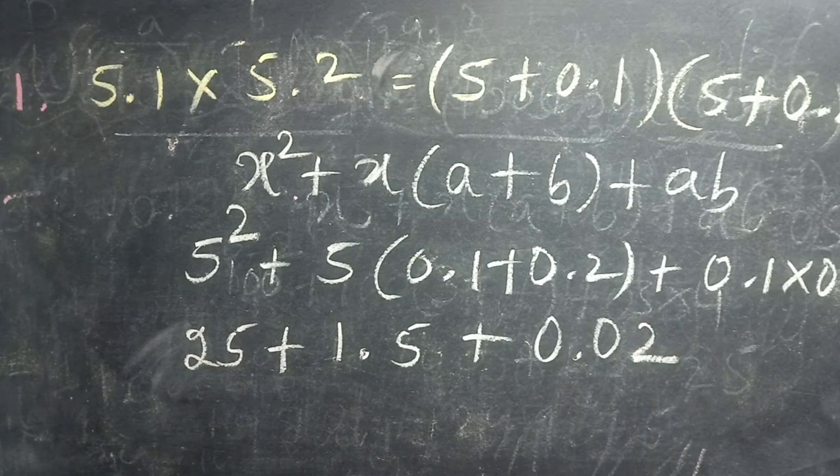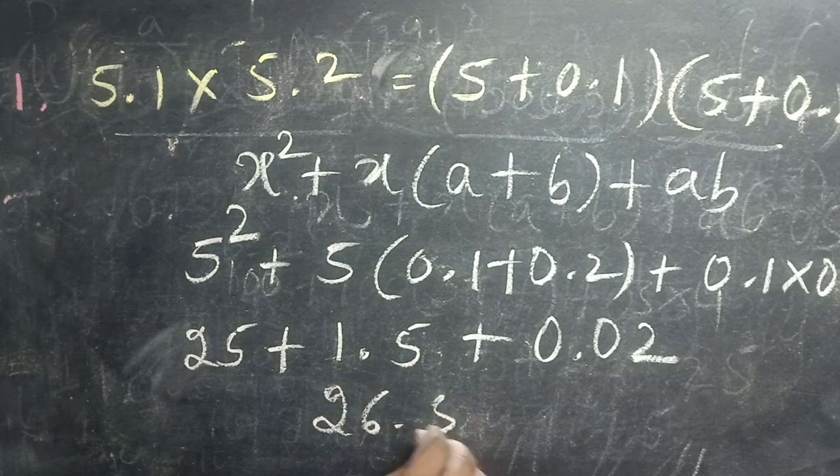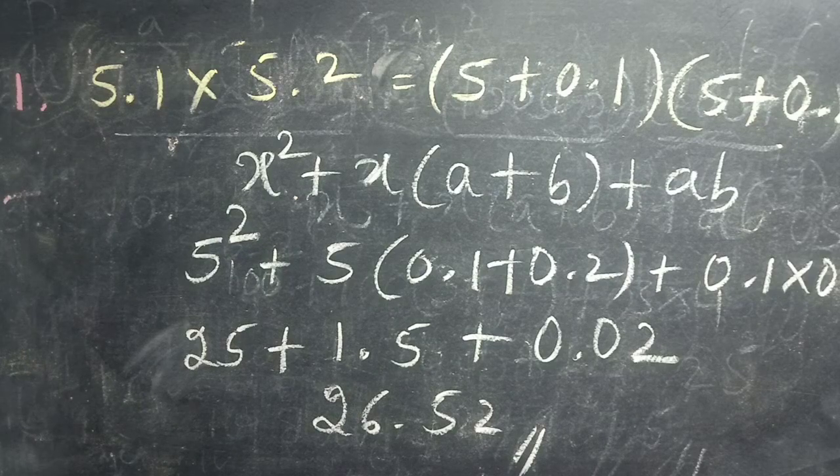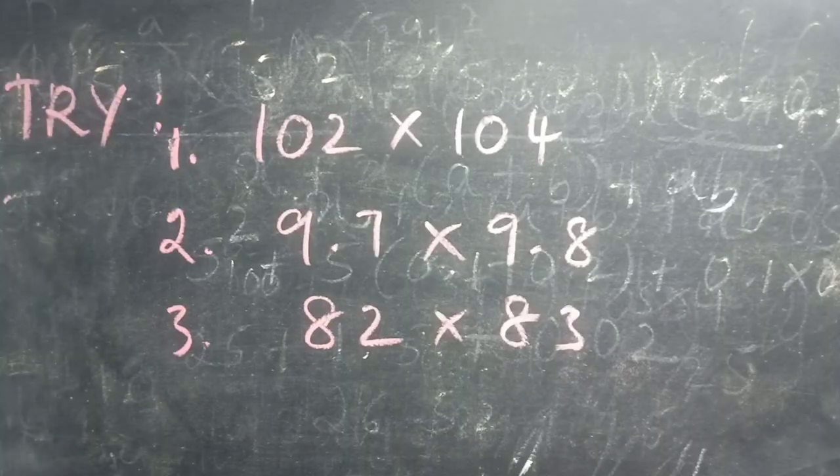Now, add 25 plus 1.5, what we get is 26.5. For that, add 0.02. What I get is 26.52. Therefore, 5.1 into 5.2 is 26.52.